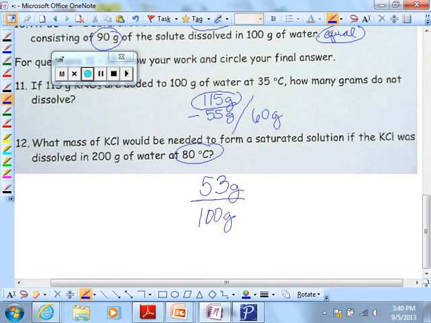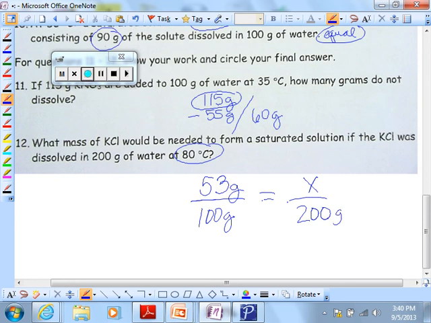So there's two ways to do this. You can say 100 times what is 200? 2. So we need to multiply this by 2 because we have twice as much water. Or you could set up a ratio. This much will go into 100. How much will go into 200?